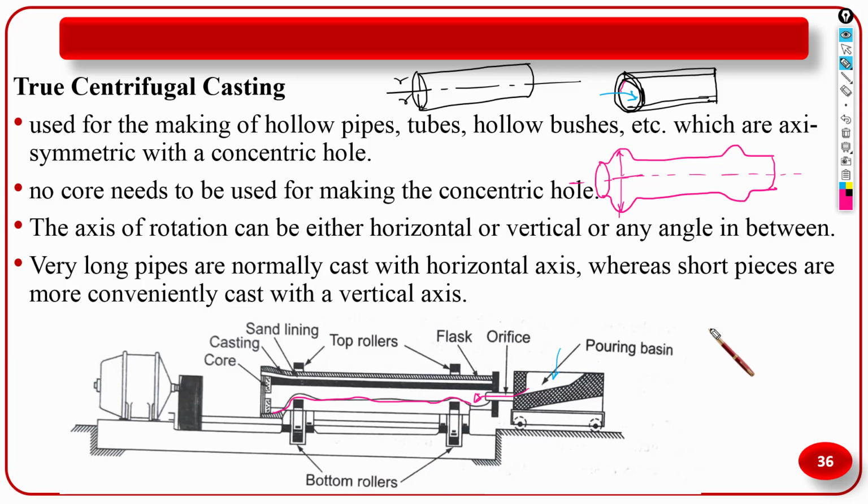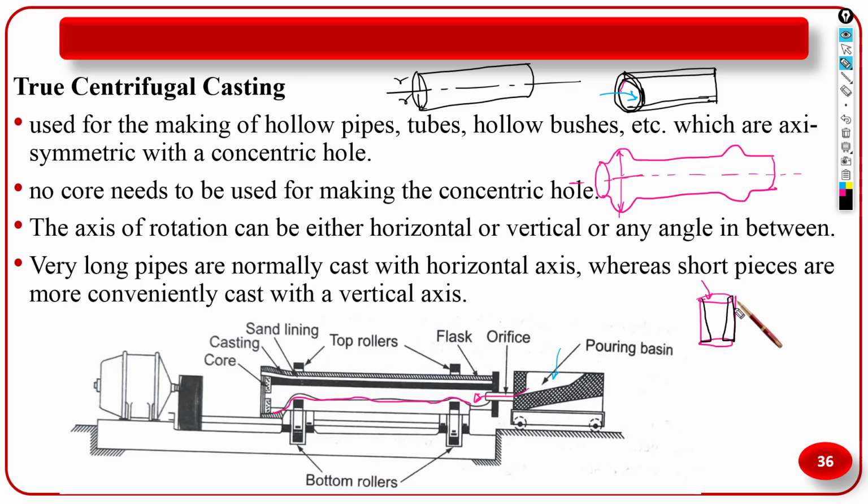Why is the horizontal axis preferred? Because if you are doing vertical axis casting and molten metal is poured, there is a chance that the thickness of the pipe will vary. At the bottom the thickness will be more because metal has accumulated at the bottom.